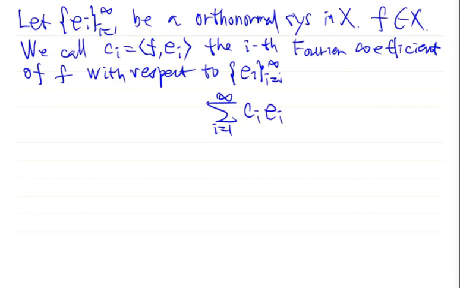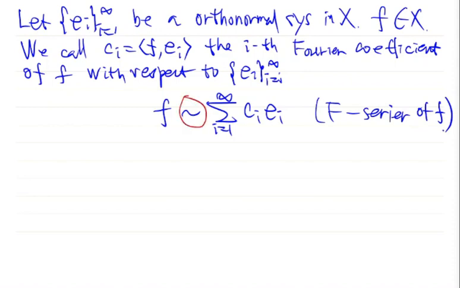We call this series the Fourier series of f. And we write f using this notation to indicate that the series on the right is the Fourier series of f.